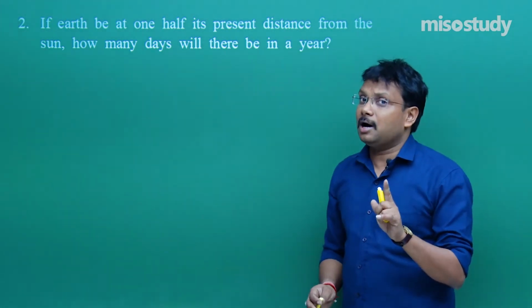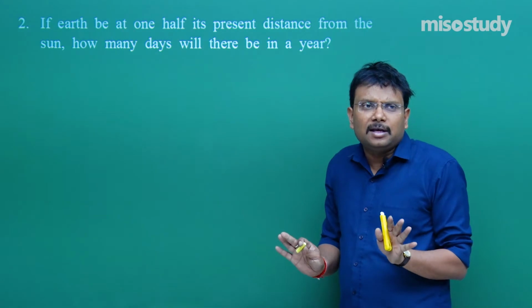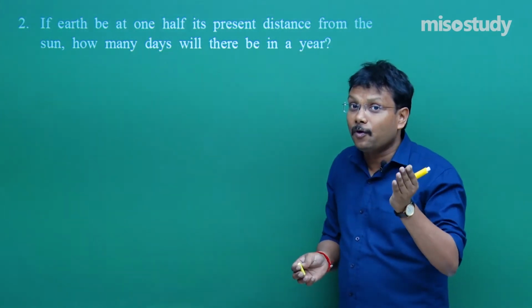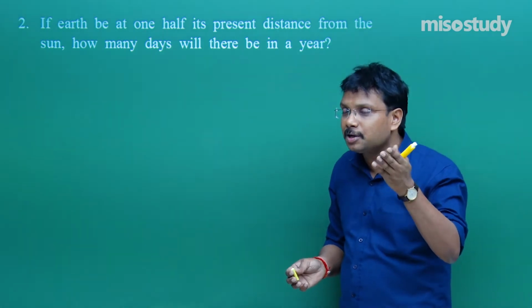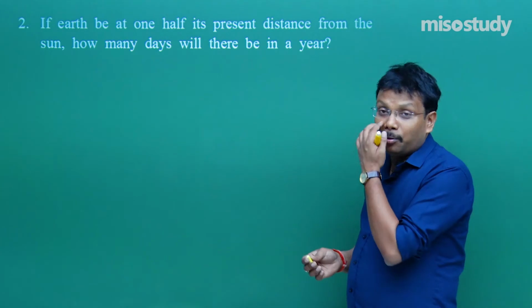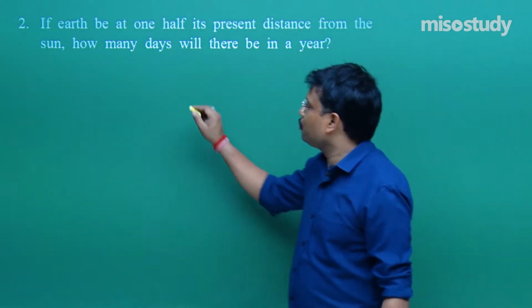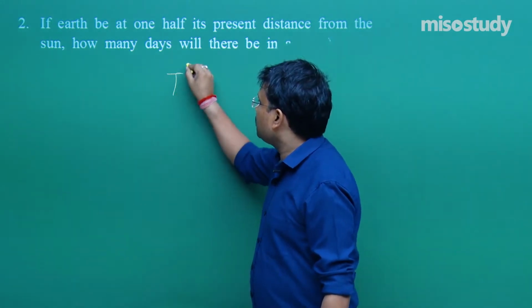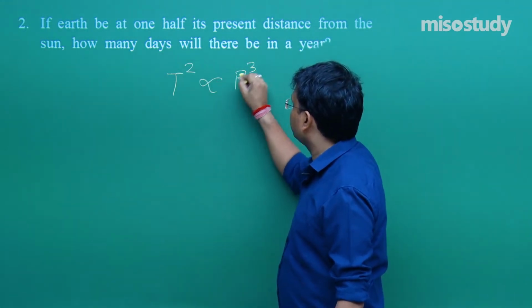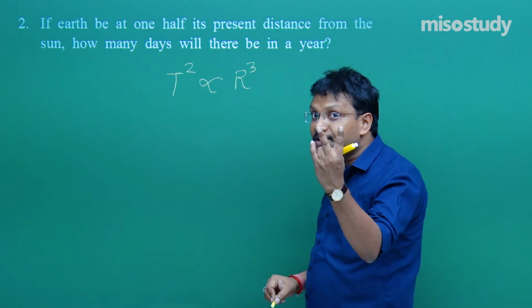Actually, in 1 mark, this question is slightly long in the sense that you have to use the same formula which I used in the first question, but some calculation is required. So, the formula that you will use over here is T square is directly proportional to R cube. But here two conditions are given.